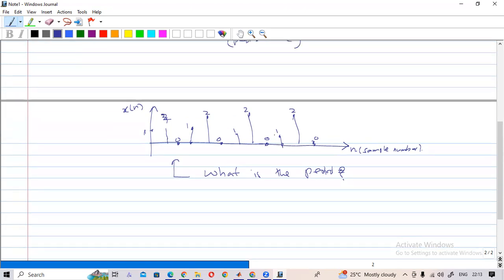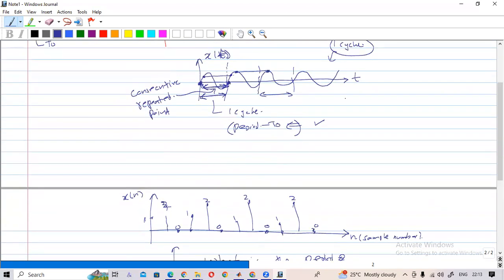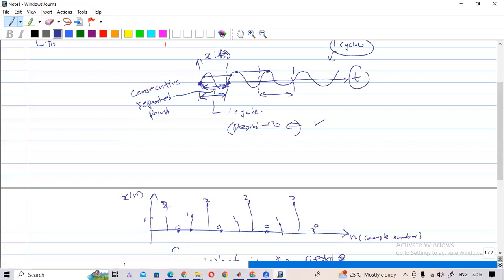For a continuous time signal, you use time. So your period will be a time value. You are measuring the time from here to here, so it is in seconds or milliseconds or microseconds, something with seconds.